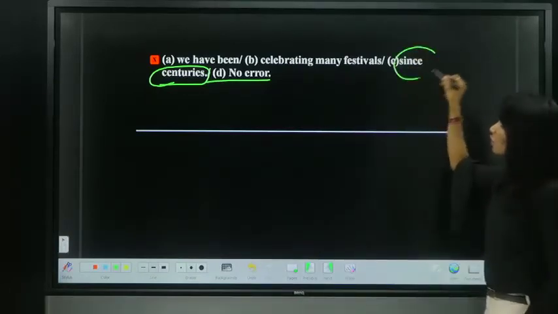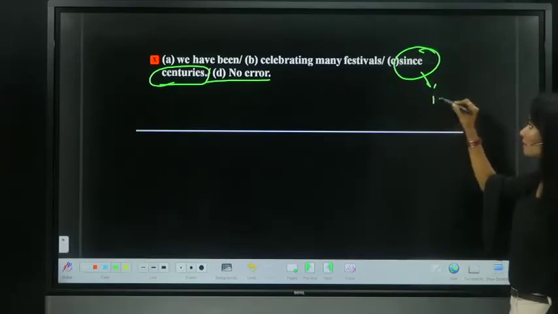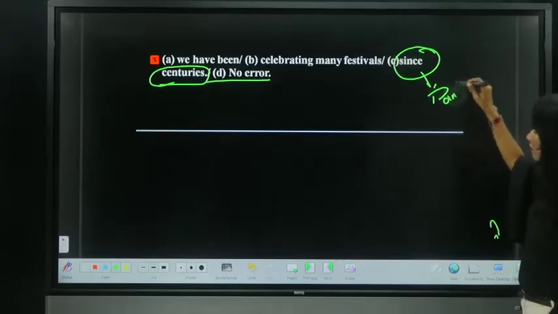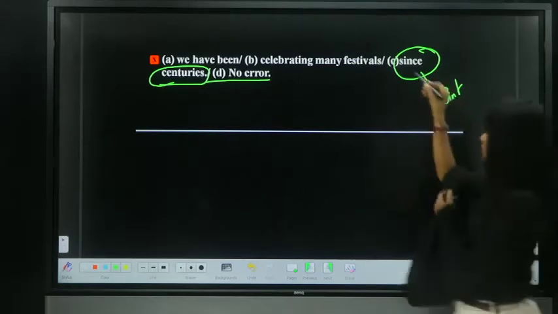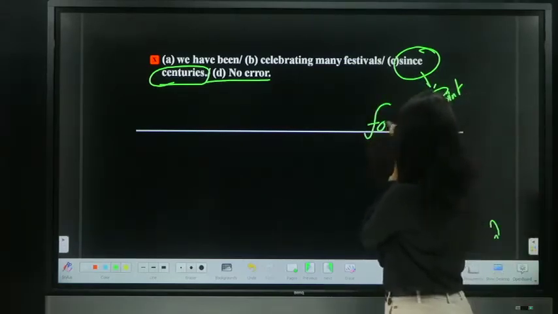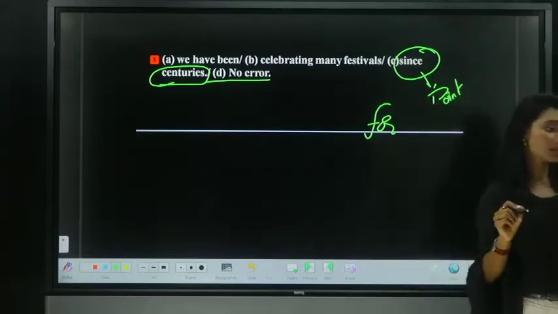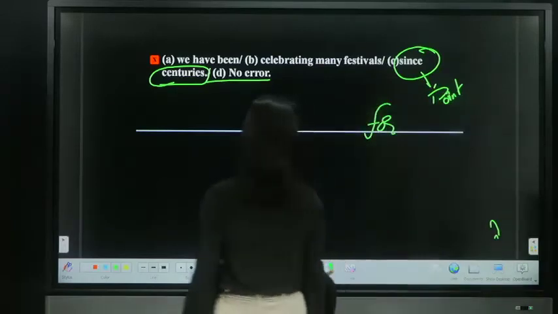So you cannot go with since, because since is used for a point of time. But we are not talking about a point of time. Which century? We are not sure. So replace since with for. So that is the correct one: we have been celebrating many festivals for centuries, not since centuries.